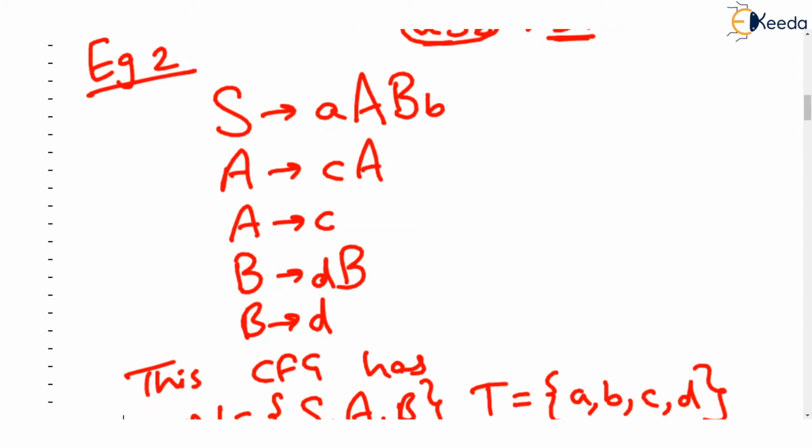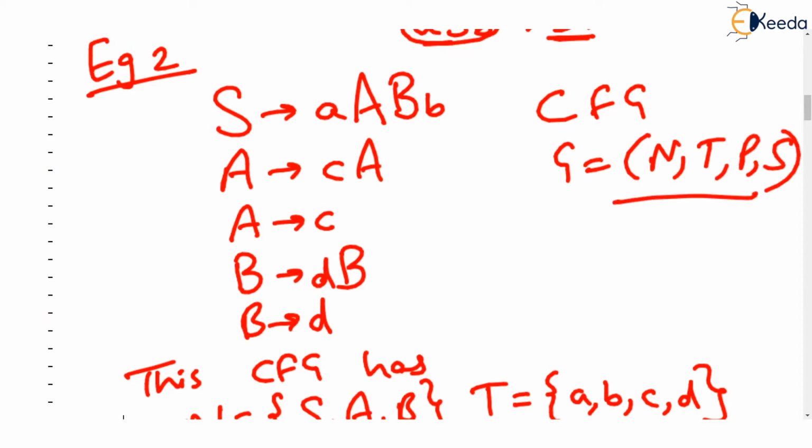Just to understand this definition of CFG, CFG is a 4-tuple N, T, P, S. So we are trying to read this. If this is the grammar given, what are the non-terminals here? Yes, capital letters S, A, B. Three non-terminals are there.